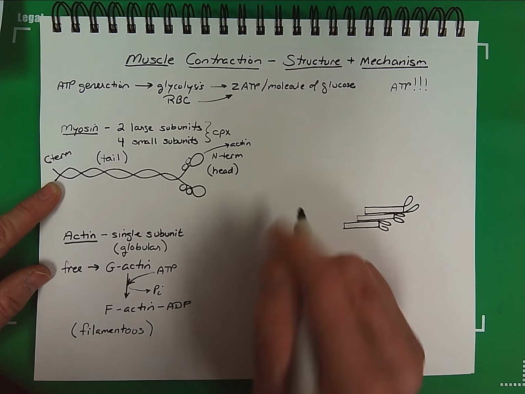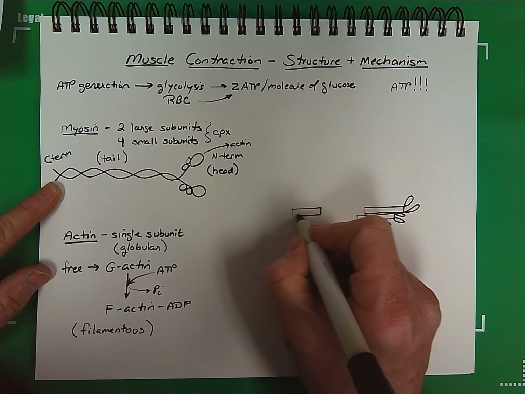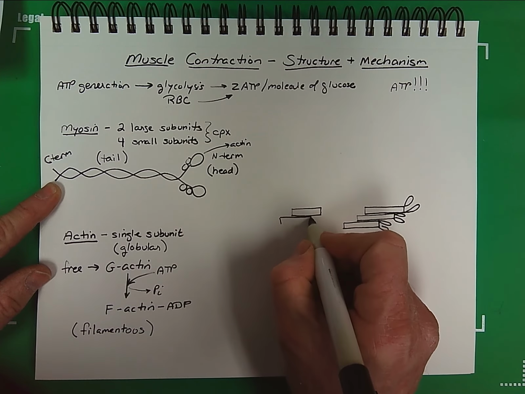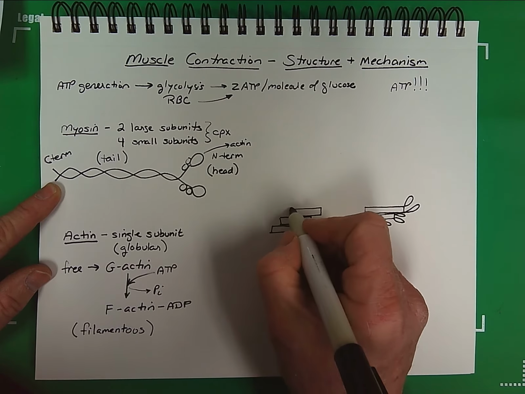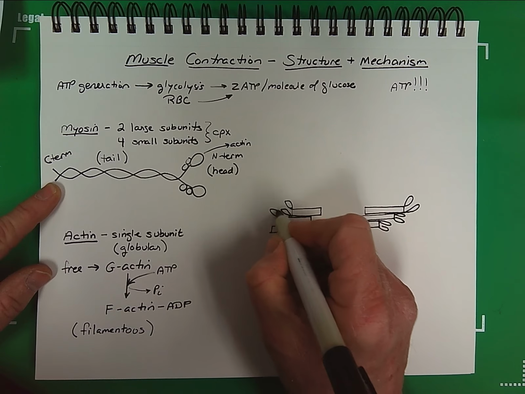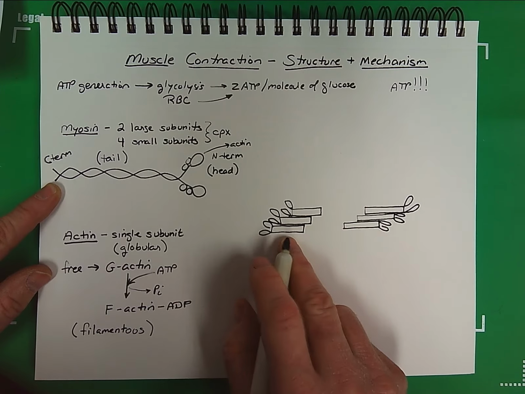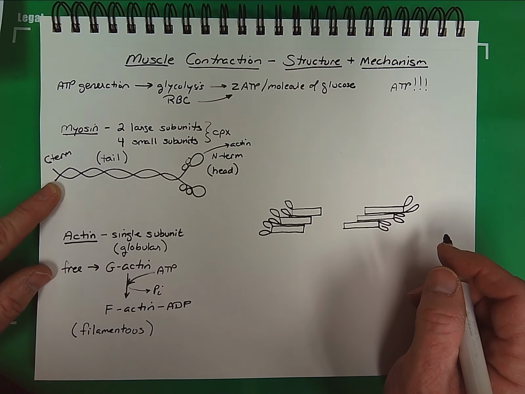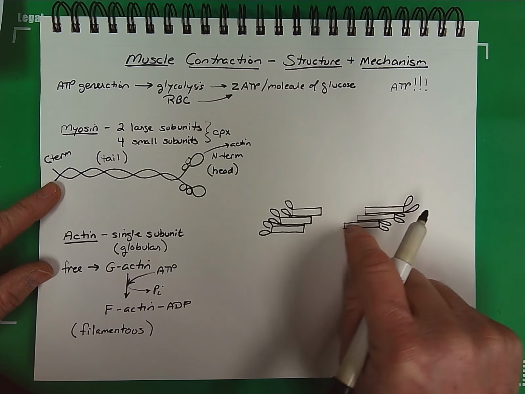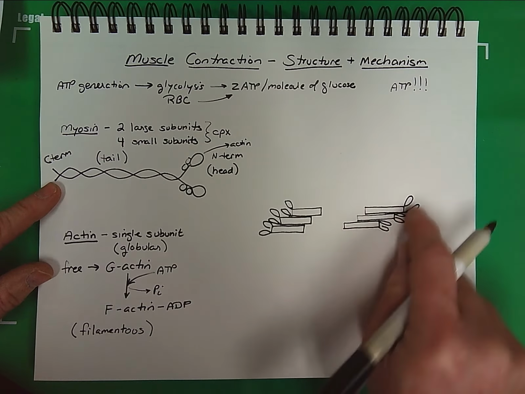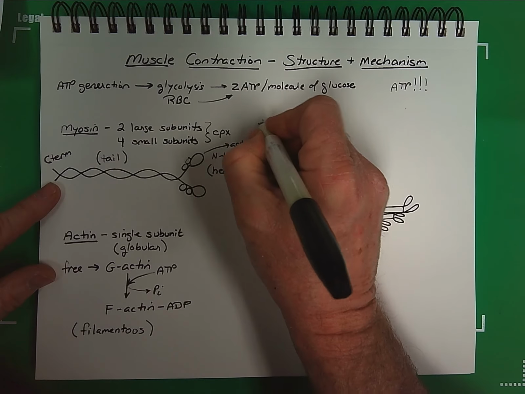This is one direction, but we can flip this and we can form these tail-to-tail associations in the opposite direction. And again, with our head groups coming out of the N-terminus. So this is essentially the complex just flipped in the opposite direction. Now, because of these repeated associations of these tail groups, this will form what is called a thick filament.